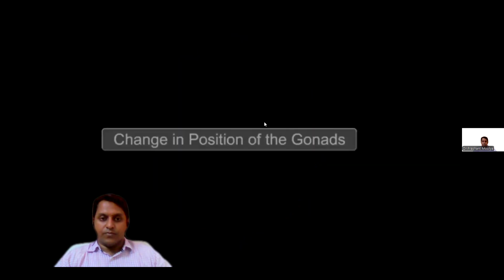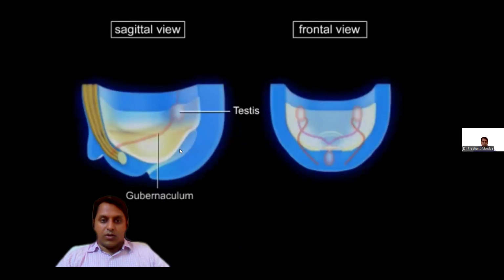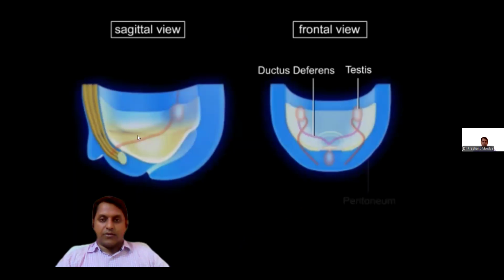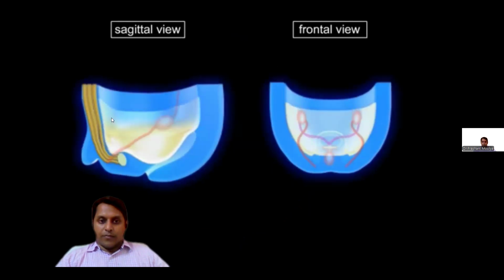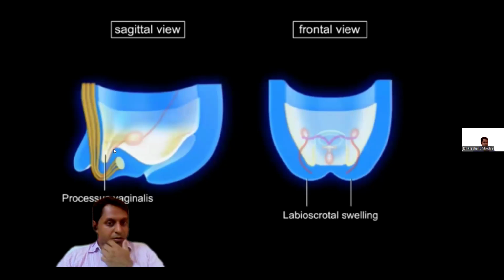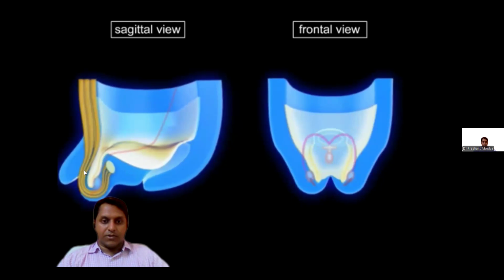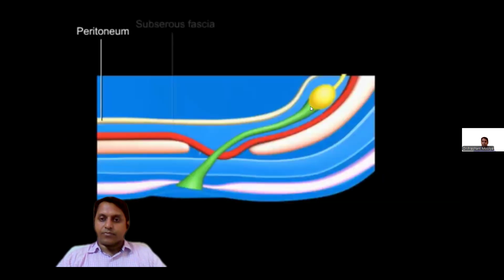The gonads found in the abdomen have to descend into the scrotum. When the testis is descending, there are different factors. One is the gubernaculum; another is the differential growth of the abdominal wall with the increasing of the peritoneal canal, forming the processus vaginalis and the inguinal bursa, and the passage of the testis through the inguinal canal.